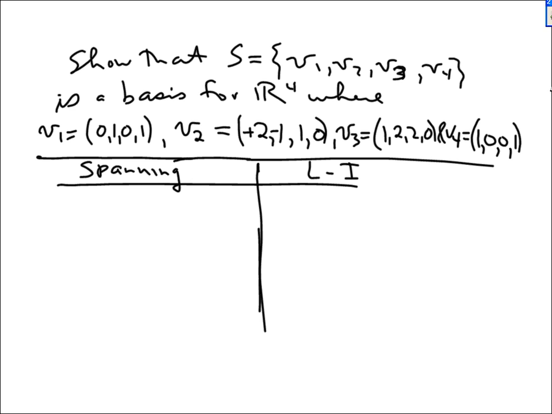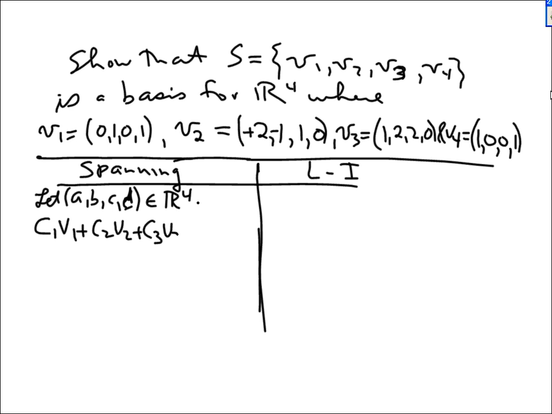So let (a, b, c, d) be arbitrary in R4. The question is, can I find four scalars that, when I do a linear combination of v1, v2, v3, v4, gives me (a, b, c, d)?